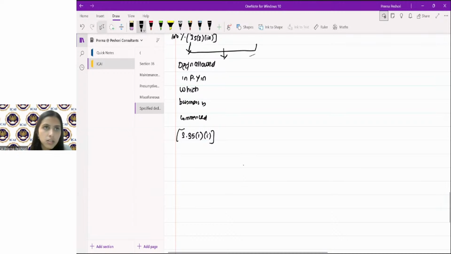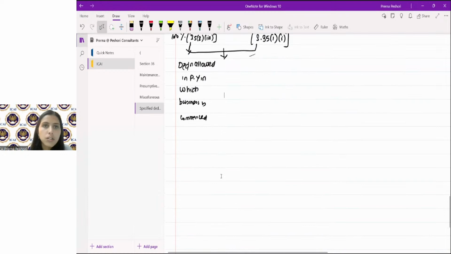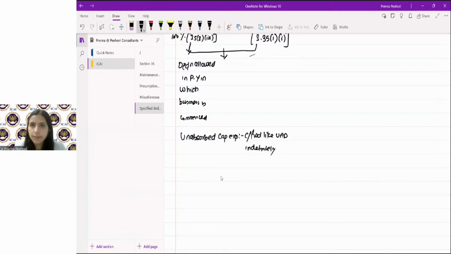Sorry, this should come over here. 35(1)(i) is for the revenue expense. So here you can write down unabsorbed capital expense carried forward like unabsorbed depreciation, indefinitely. Clear? Are we clear?